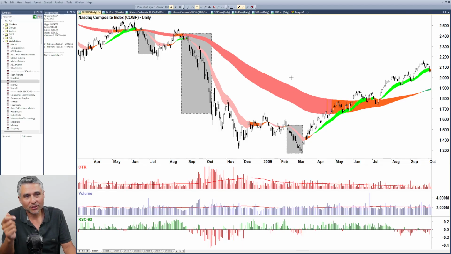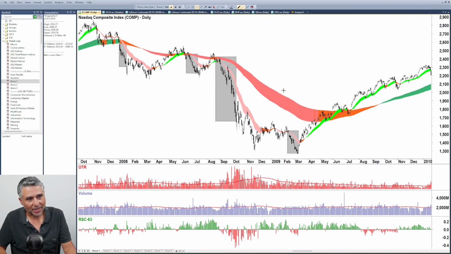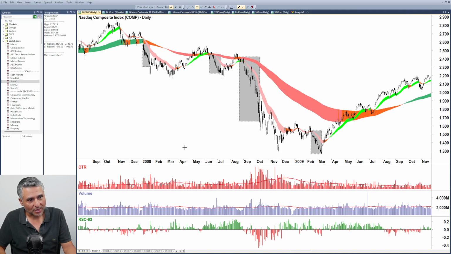There. So now how many months did that go for? 2008, that's a full 12, and I want to say something like 18 or 20 months off the top of my head from memory. Maybe it was a bit more than that if you go from top to bottom. But once we were clearly beneath that long-term trend ribbon, look how little time you had to really, really clean up on your shorts. And the rest of it was just hard.